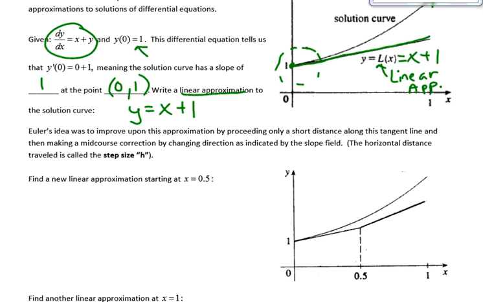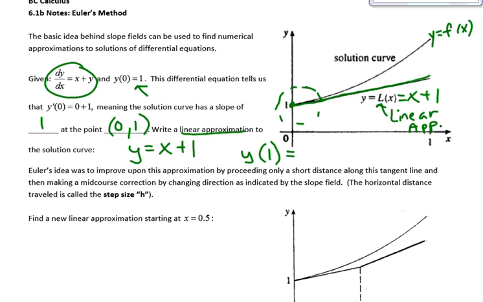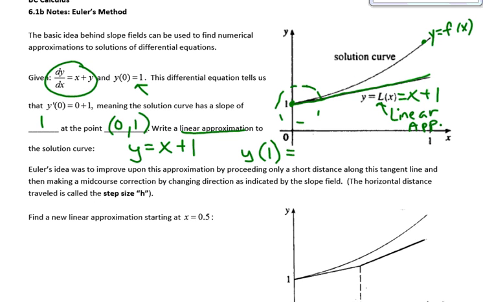And actually, I haven't even approximated yet. So let's say I wanted to approximate this at, let's say, 1. If I wanted to know what this point right here was, then I could approximate it, and I could find this point right here.